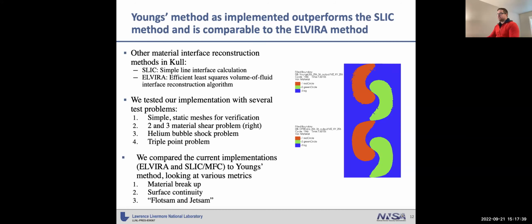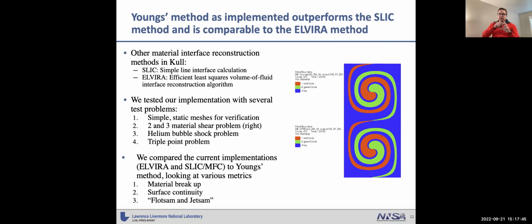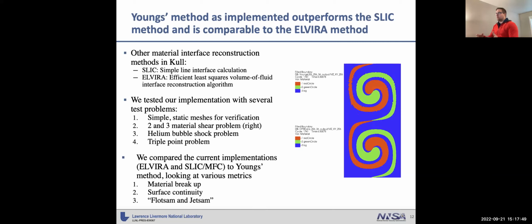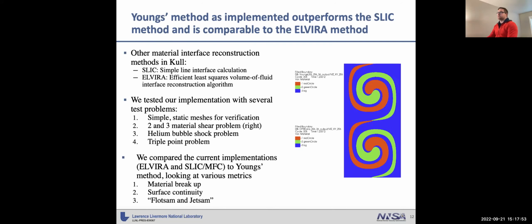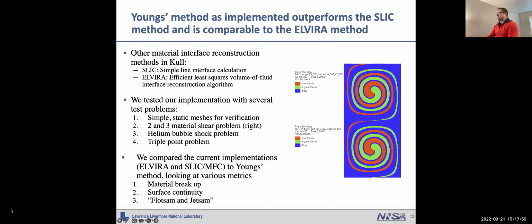Flotsam and jetsam is jargon for basically small pieces of material that leave the bulk mass and are floating around your domain. Small meaning like 1 × 10⁻¹⁰ in volume fraction. So something that's not really physical, but that is there because of the method.